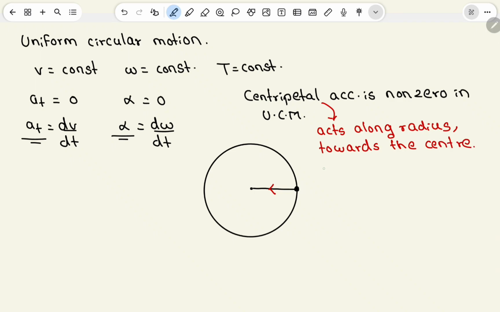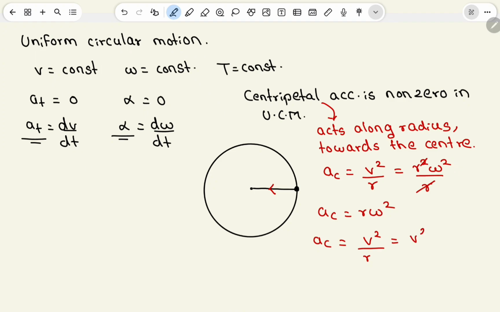If we talk about the magnitude of centripetal acceleration, a_c, it is v square by r, but v is also r omega. So it can be written as r square omega square upon r, which gives us a_c equal to r omega square. Or a_c can also be written as v square upon r, and in place of r, we can write v by omega.